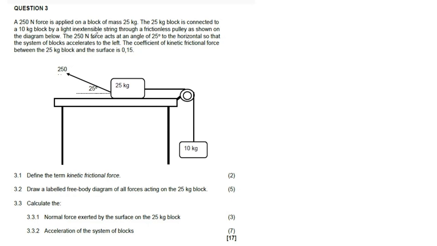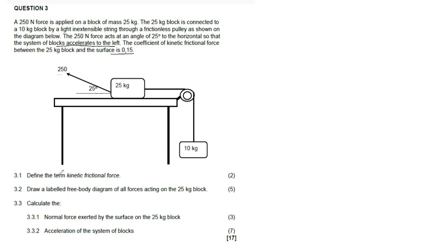The 250 Newton force acts at an angle of 25 degrees to the horizontal so that the system of blocks accelerates to the left. Note that we are not told the magnitude of the acceleration. The coefficient of kinetic frictional force between the 25 kg block and the surface is 0.15, right? And then we have our diagram like that.